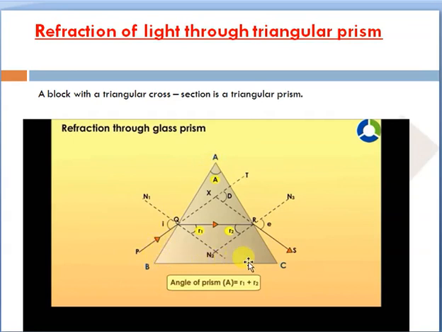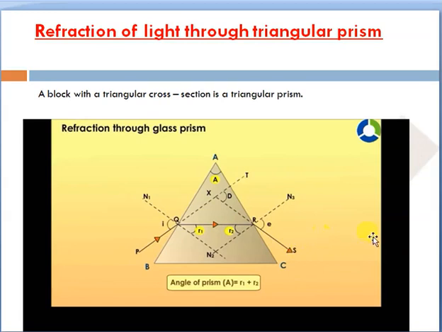Now you have this ray PQ. You have your normal, a straight line N1, N2, that is your normal, at an angle of 90 degrees. This is your incident ray PQ. On getting to this triangular glass, it will be refracted along QR. Now from here the ray emerges along RS.